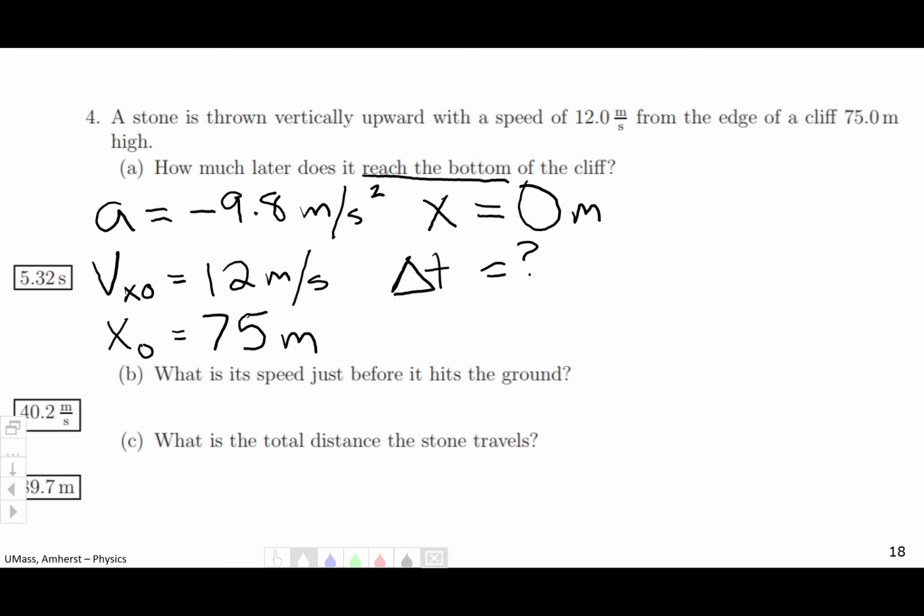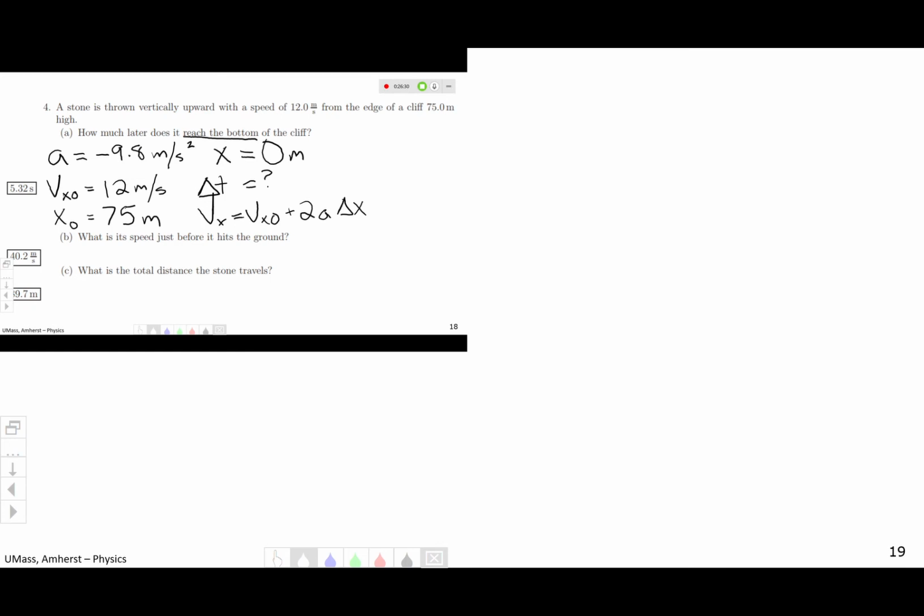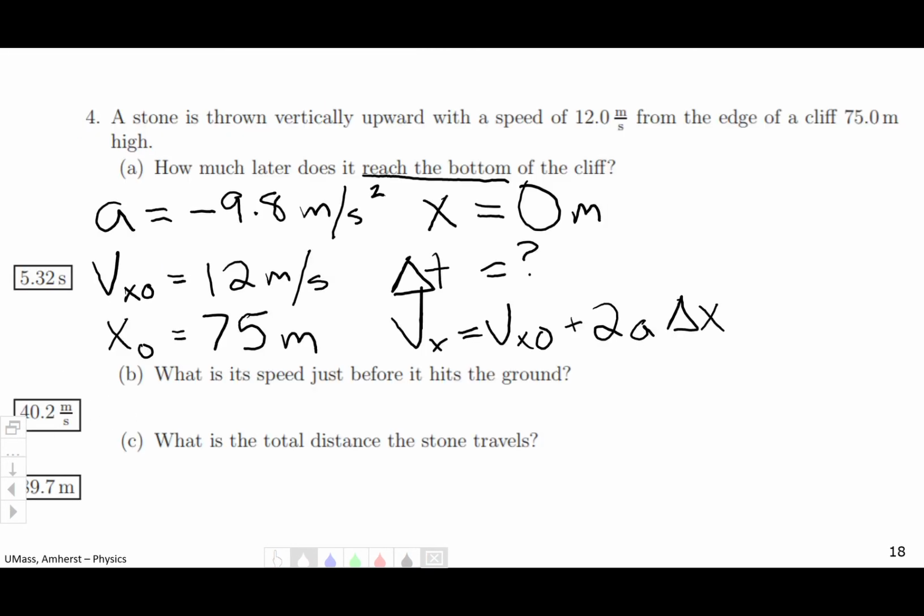Our time to go straight up and reach the peak of its height, we're going to use Vx equals Vx0 plus a delta t.